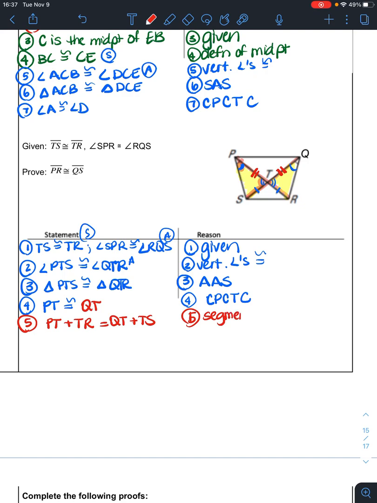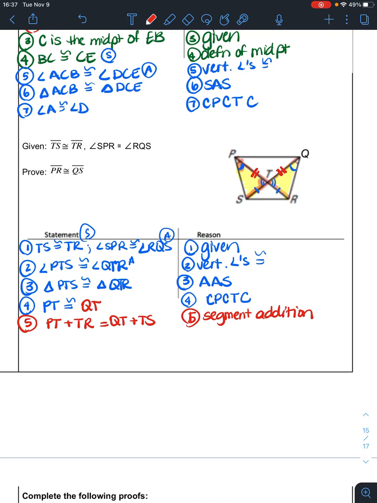We can say that because of the segment addition postulate. Okay, that says that I can set those equal. And notice that they're equal to each other. If PT is equal to QT and TS is equal to TR, then when I add those two pieces together, they're going to be equal to each other.